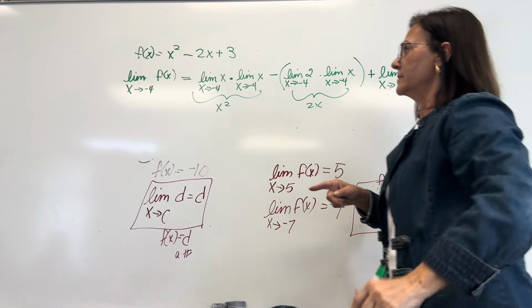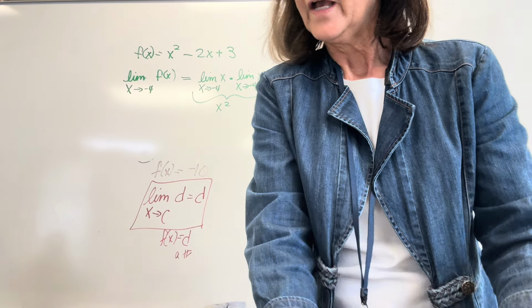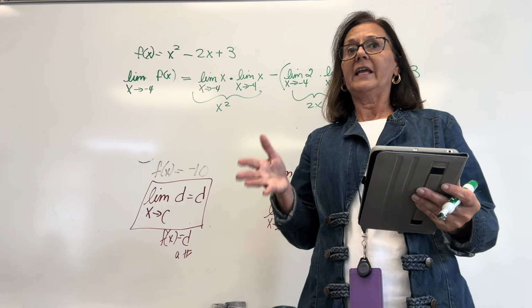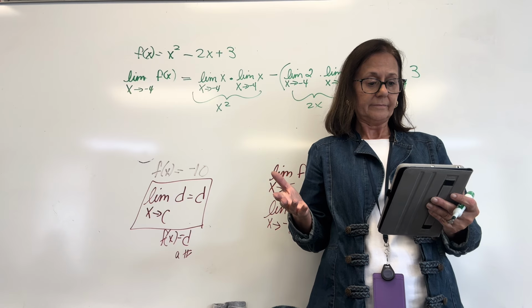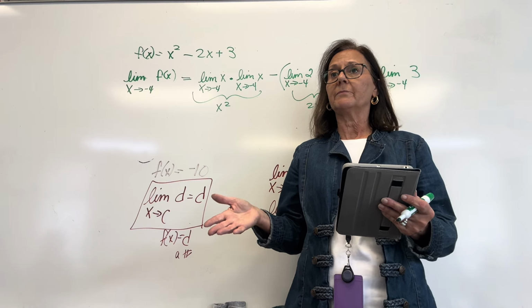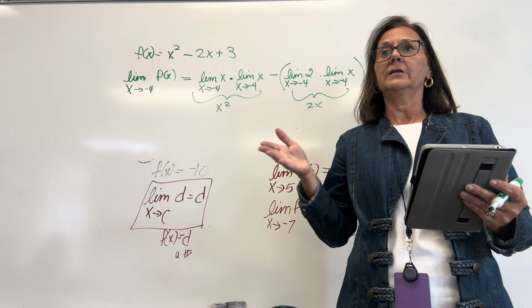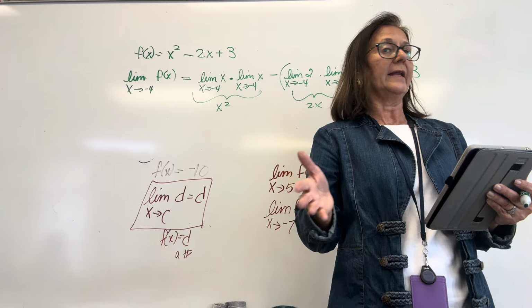Why can I do this? Because on the top of the table on page 9, the limit of functions added is the limit of each function individually added. The limit of functions subtracted is the same as the limit of each function subtracted. Multiplied, divided, radical.